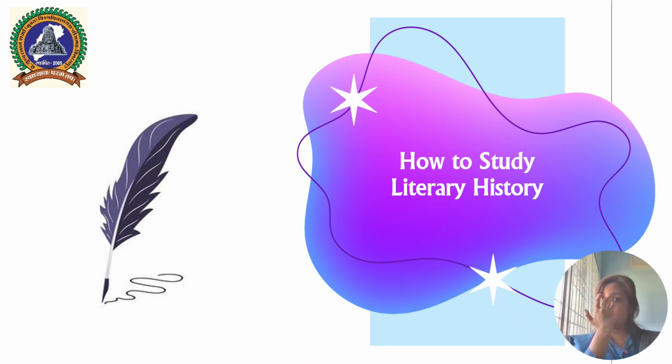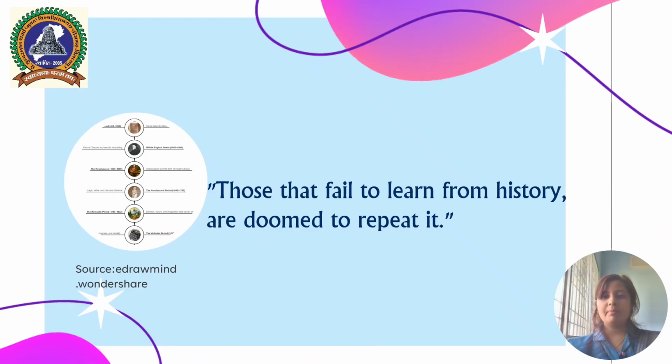Now we will see how to study literary history. But first we will see why one should study history. Because those that fail to learn from history are doomed to repeat it.